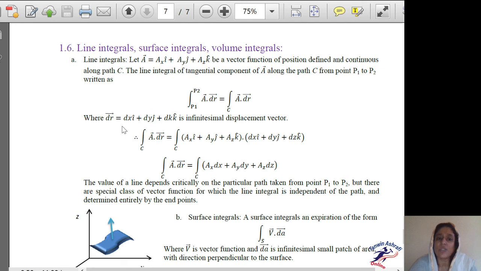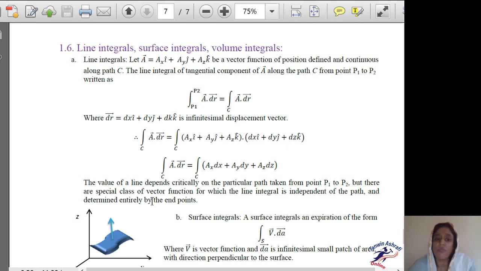Now dr is also dx i cap plus dy j cap plus dz k cap, the infinitesimal displacement vector. When we substitute the vector A and the vector dr in the equation, we get i cap equal to 1, that is Ax dx, j cap equal to 1, that is Ay dy, k cap equal to 1, that is Az dz.